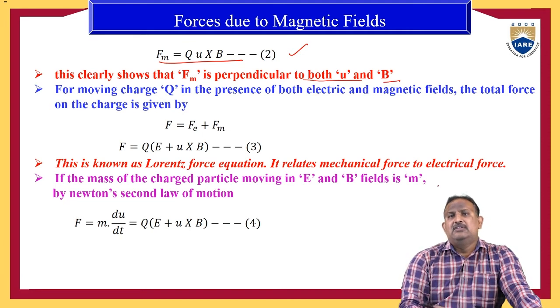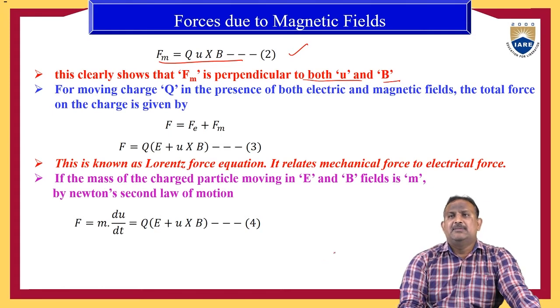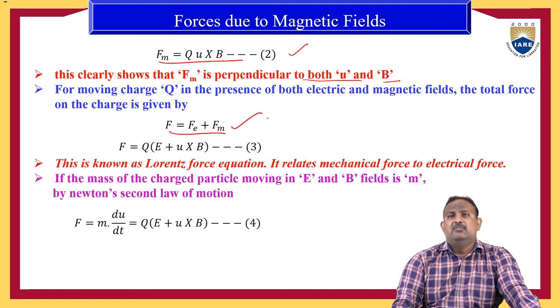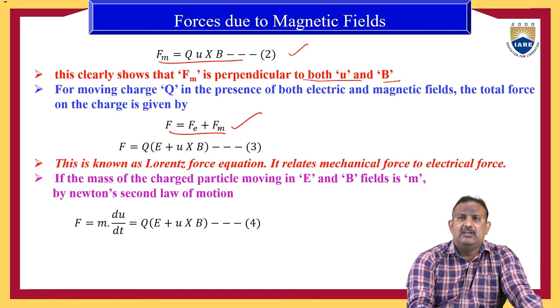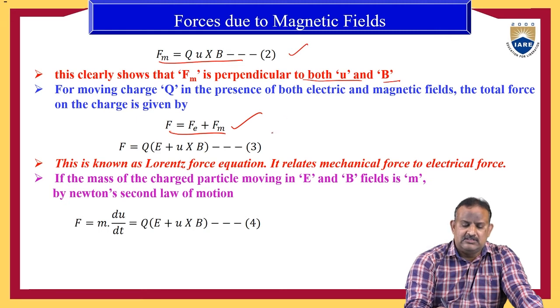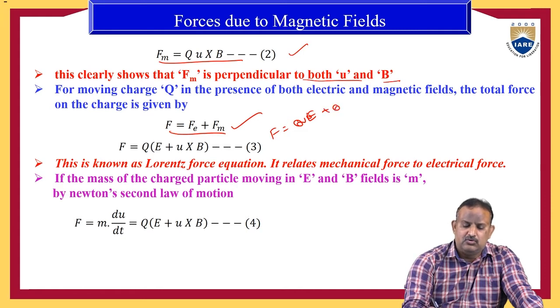Now we need to find the total force on a charge. For a moving charge Q in the presence of both electric and magnetic fields, the total force on the charge is given by F is equal to Fe plus Fm, where Fe is the force due to the electric field and Fm is the force due to the magnetic field. If we add the two equations, F is equal to QE in the electric field plus Q into U cross B in the magnetic field.